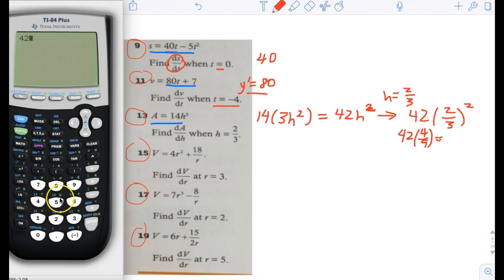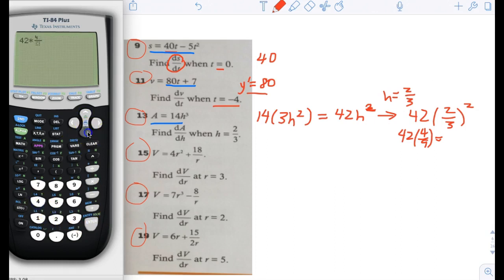42 times, and I'm going to use the vertical fraction function. So I'm going to do 42 times math, then number, then I go to the last one, nd, and then I'm going to put in 4/9.